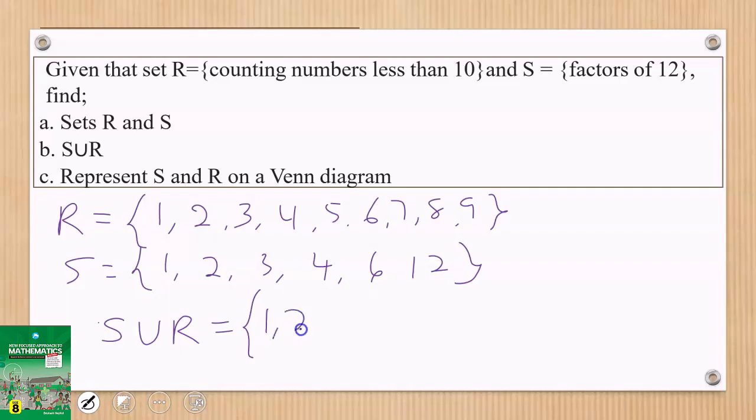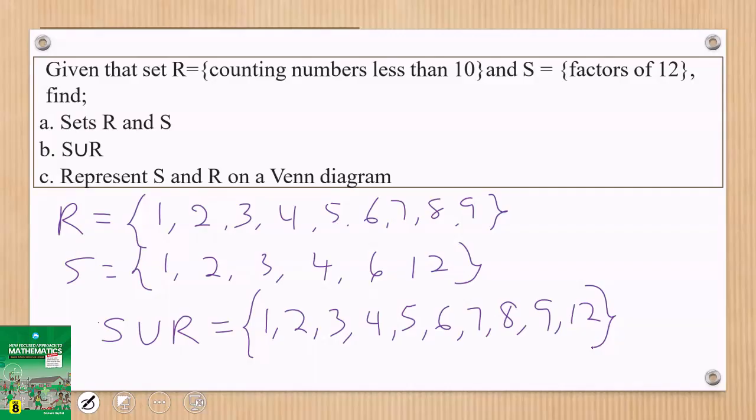So 1, 2, 3, 4, 5, 6, 7, 8, 9, and 12. So these are the union elements that are found in R and S, and they appear in each one of them. So that is the answer for the union.